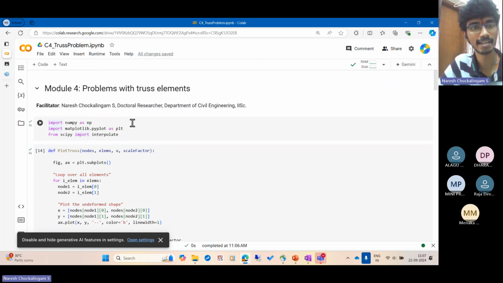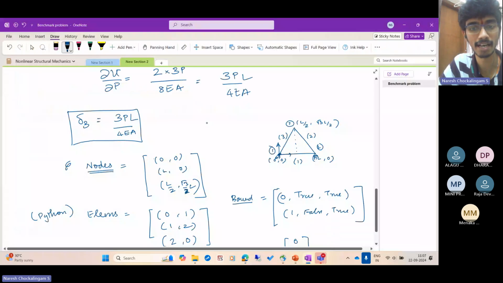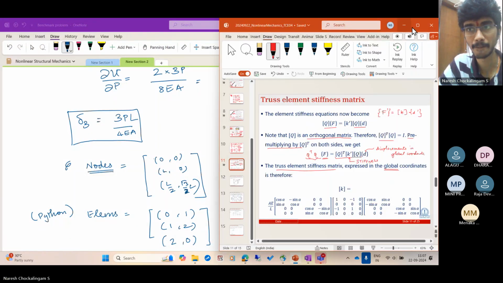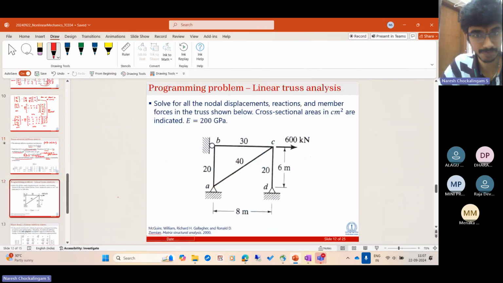You can also test it against more complicated problems. I have an example in the slides. You can see this, right? So maybe you can take this as homework. You can solve it manually. It's from a textbook. So it's this. Okay, quickly, what is the static indeterminacy of this?